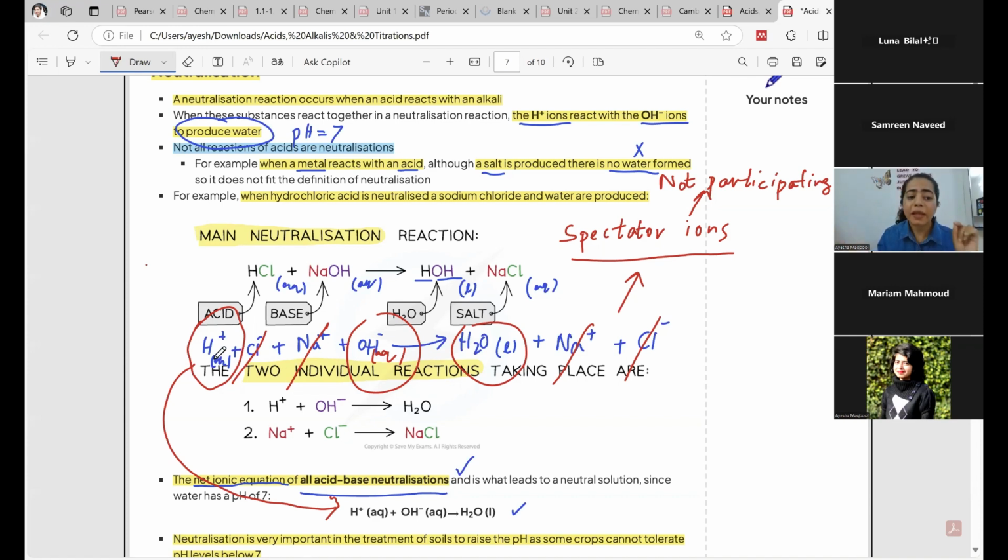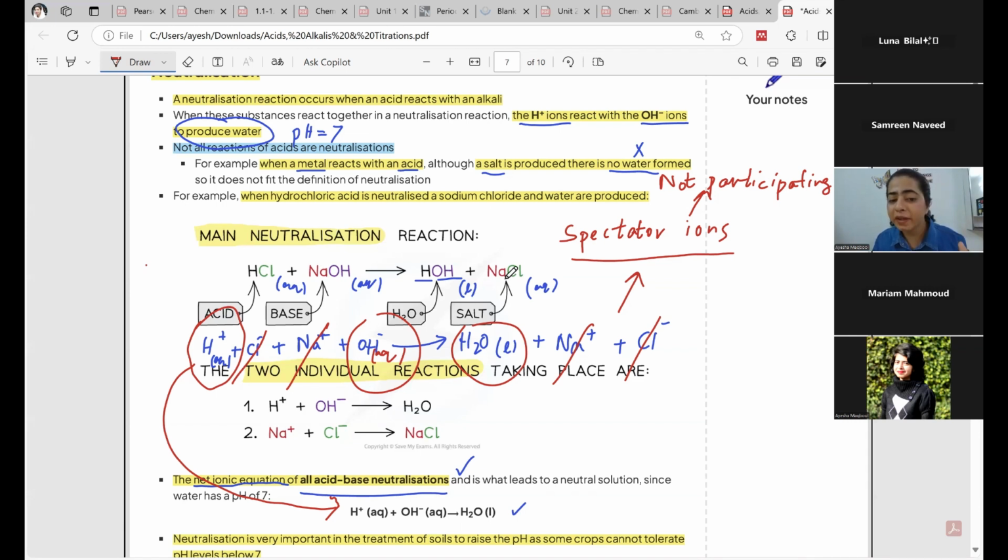For example, here the H positive and OH negative ions are making something new, water, liquid. See, over here they are making water liquid, a new state. Before it was aqueous, now it is liquid. But for the spectator ions, they were aqueous before, meaning dissolved in water.